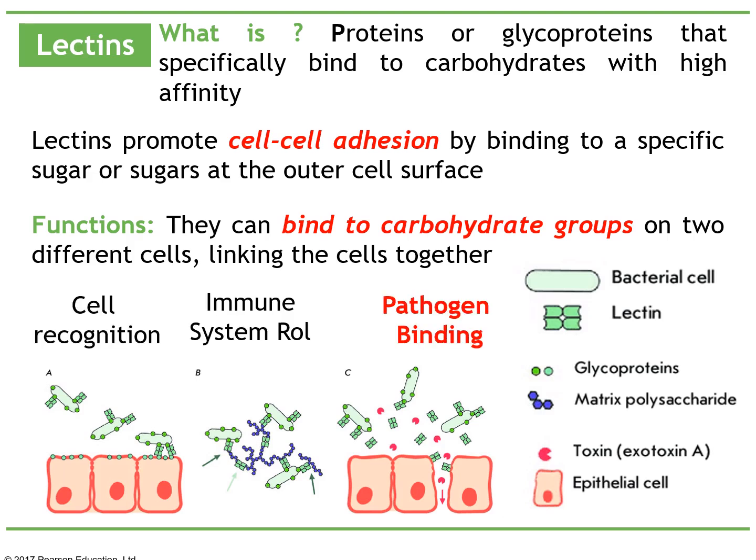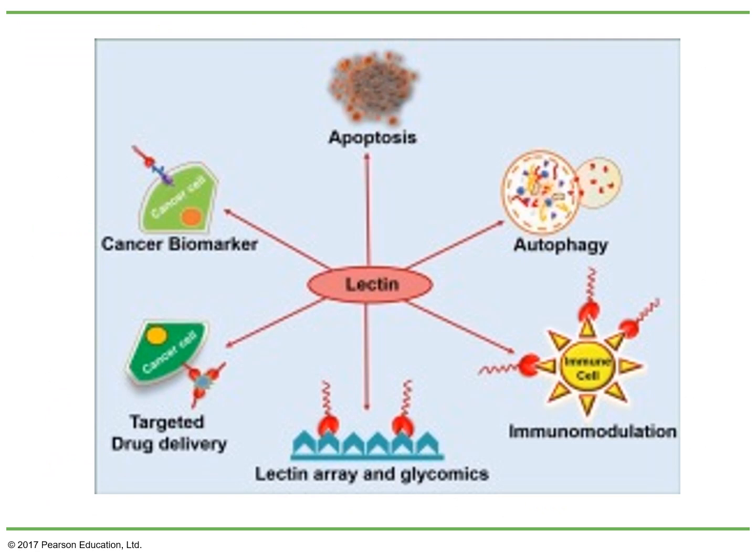They could be attaching to carbohydrates for cell recognition, for the immune system role, or for pathogen binding, like I showed you here. So lectins are very important, one type of cell adhesion. Here I just showed you the pathogen binding, which is very important, but there are many other ones.